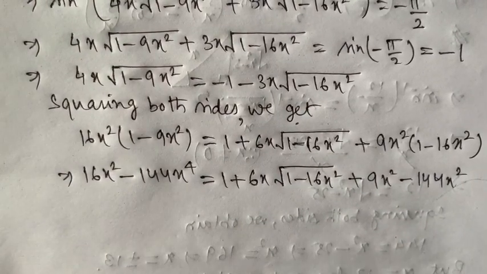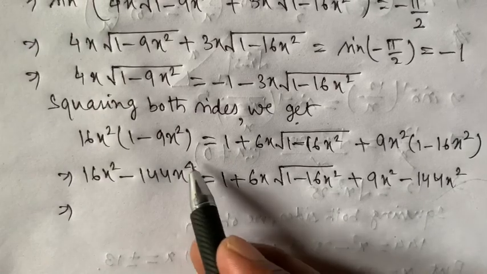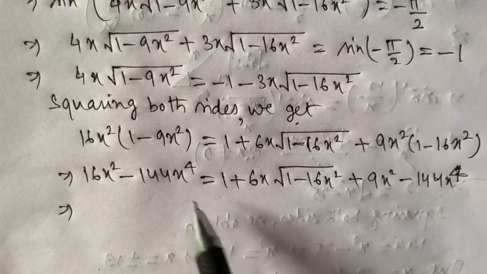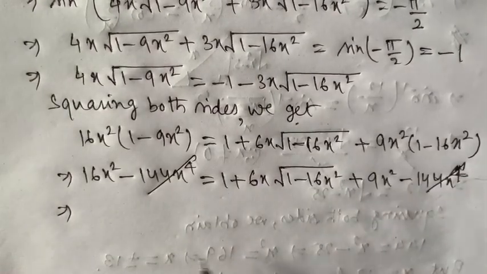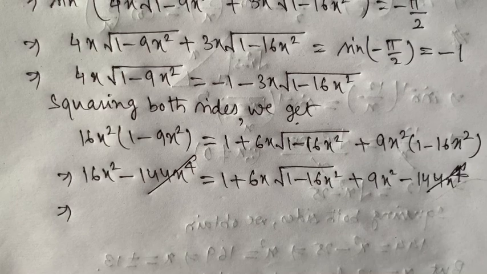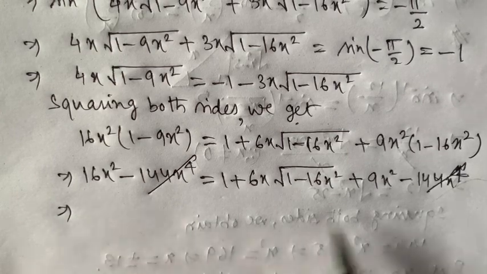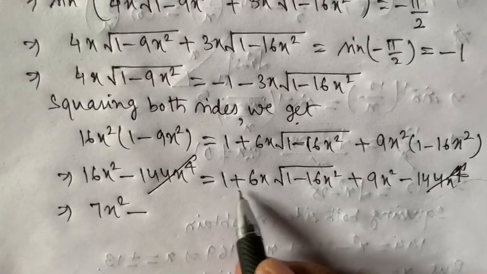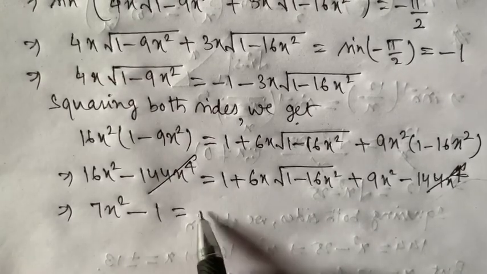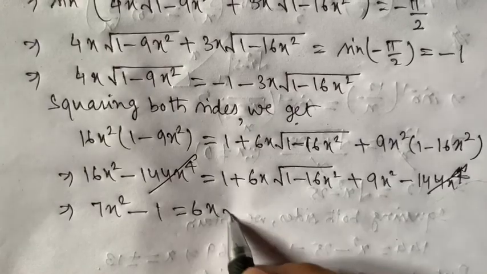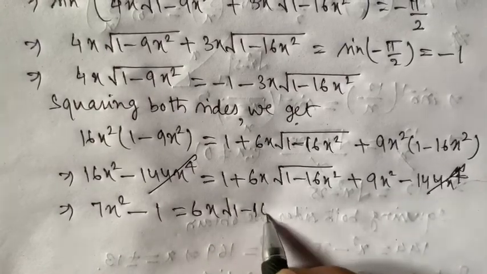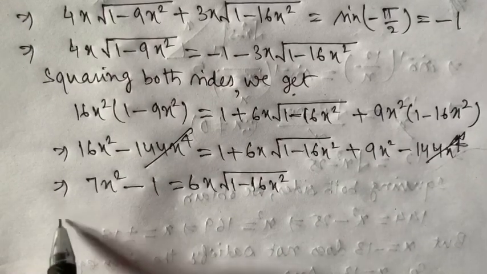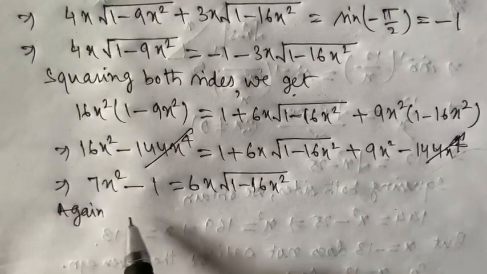Now we have some cancellations there. 144x power 4 cancels, as both have the same sign, and 16x square minus 9x square will give us 7x square. Bring the 1 to the left hand side and keep the root under term on the right hand side. Now we will square both the sides again.